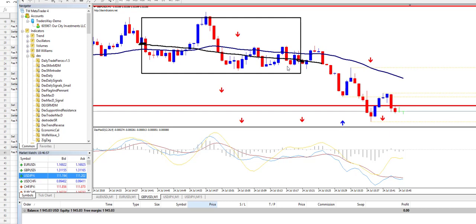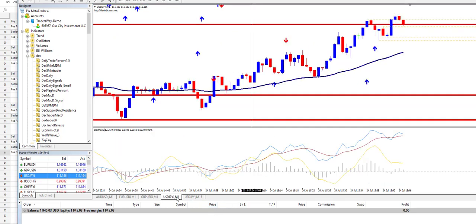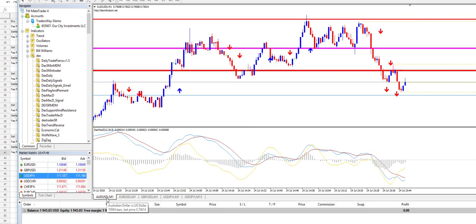You can see the expression is from here to here, and we've moved somewhere below. Once it breaks that box, then I can start looking at a faster trend. But as it's consolidating through this, sometimes the consolidation is a little bit bigger. Sometimes it may consolidate for longer periods of time.